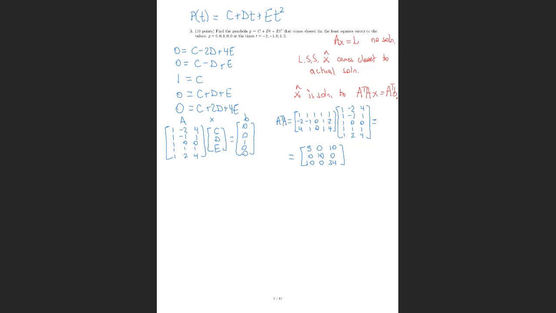All right. So we have A transpose A. That gets us the left-hand side of this system of equations. We also need the right-hand side, A transpose B, so let's do that next.